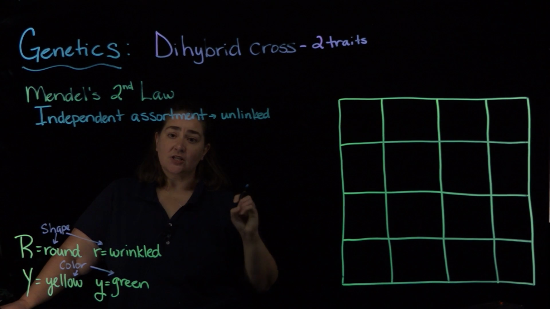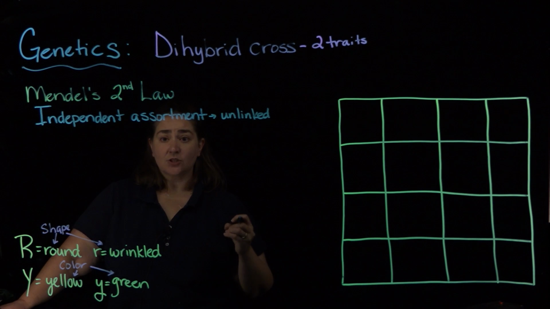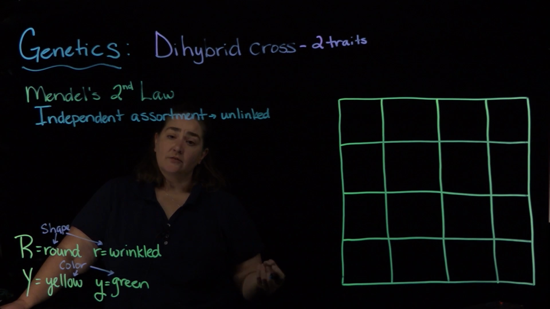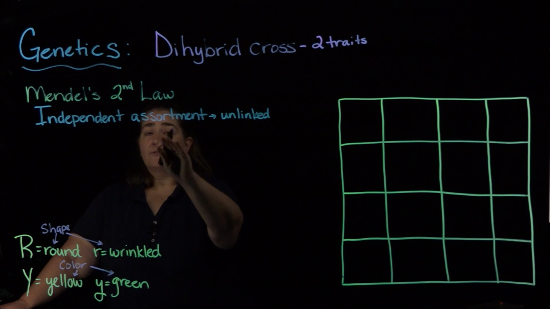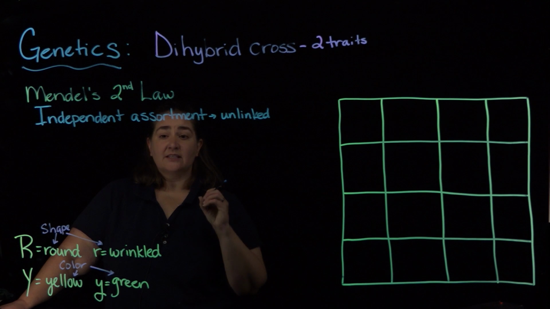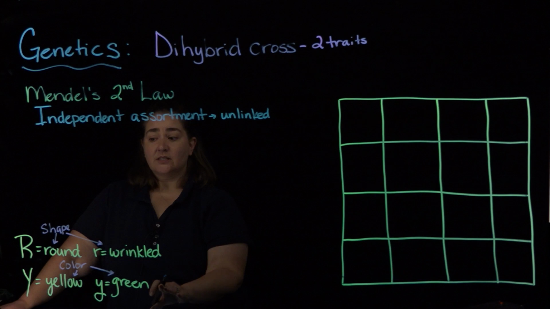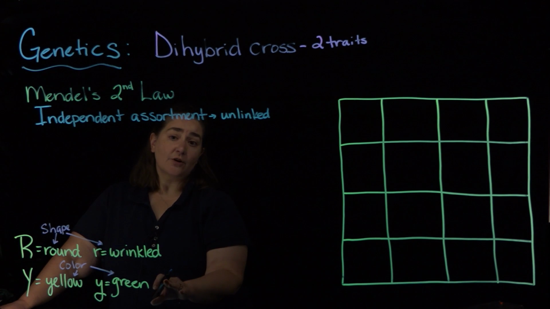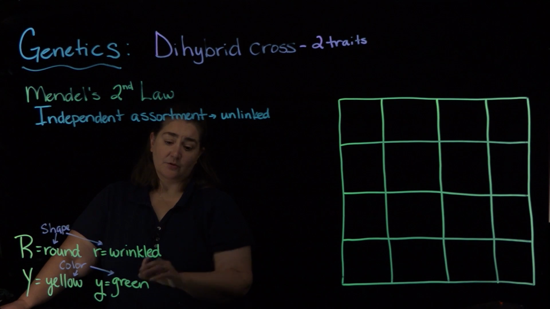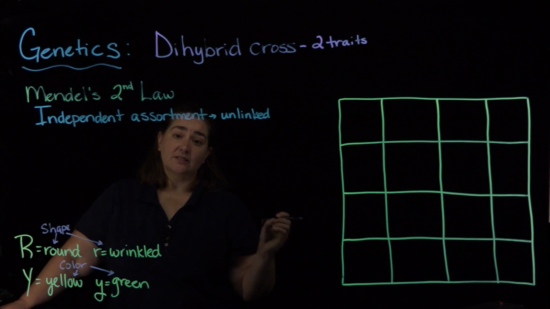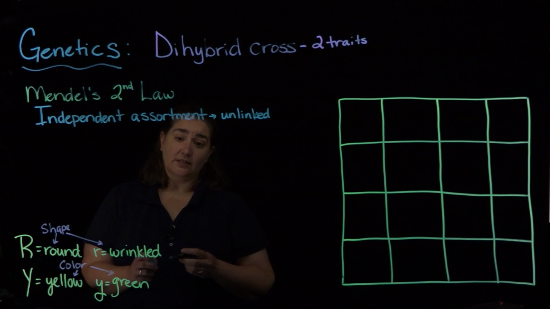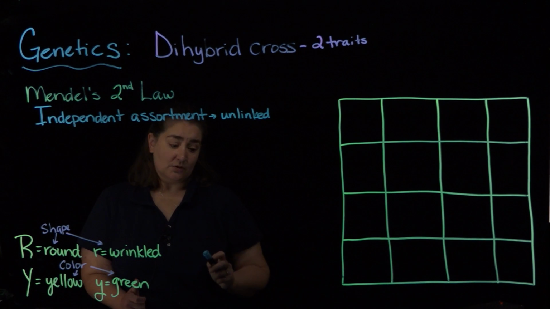If you've got linked genes, things get more complicated. We're not going to worry about following linked genes in this class. If you take a genetics class, that would be part of the curriculum. For this, keep in mind the traits we're following have to be unlinked, meaning they are on separate chromosomes or far enough apart on the same chromosome that they don't behave as linked because of the crossing over that happens during meiosis.